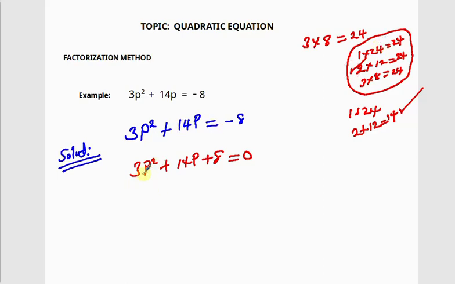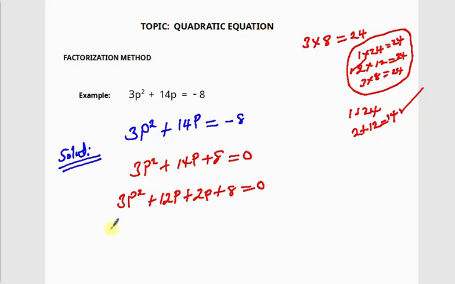Now, let's come to our equation. Here we have our 3p squared. Remove this middle value and bring them in. We have plus 12p plus 2p plus 8 equal 0. Here, what is the common value between 3p squared and 12p?